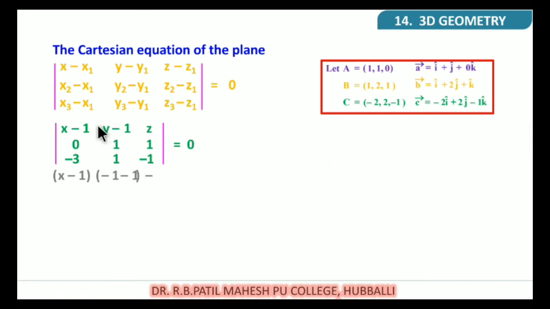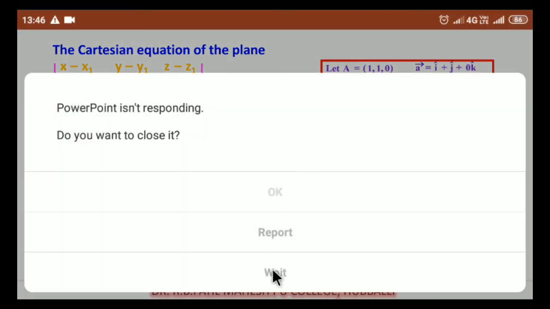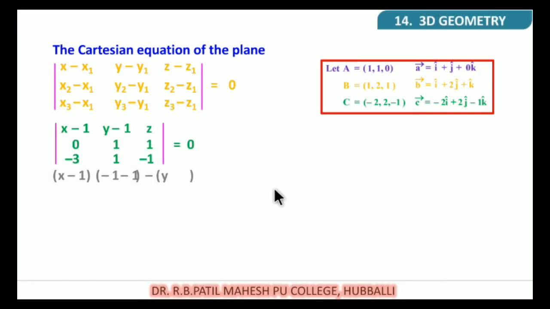Therefore, we take a minus sign for this term: minus of (y minus 1) into the determinant, which is (0 minus 1 into 0, and minus 3 into 1, it is minus 3), so minus of minus 3 becomes plus 3. And plus z can be taken here, which is 0 into 1 is 0 minus minus 3 into 1, which is minus 3, so minus of minus 3 becomes plus 3, so z into the bracket of plus 3, which is equal to 0.